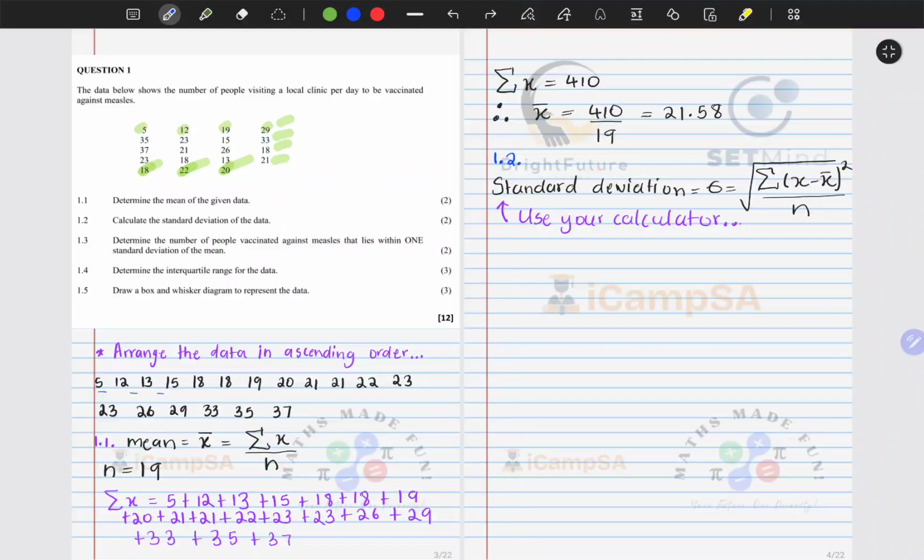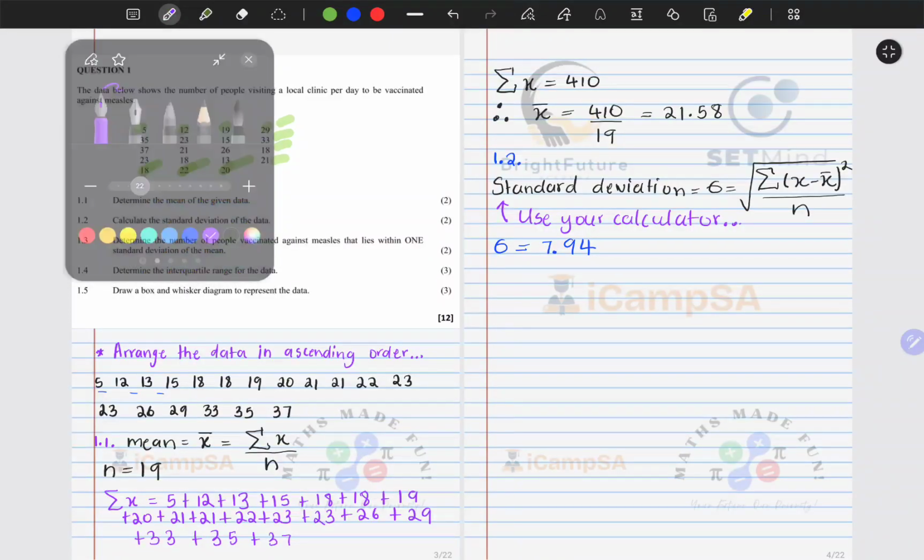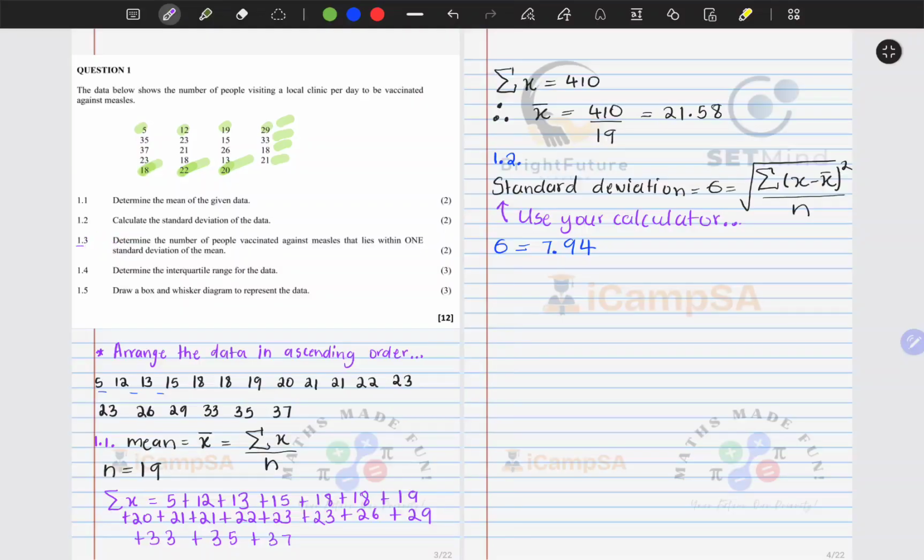Look at the marks allocation, they're not expecting you to go the long way. So when you go to your calculator, you will end up finding that your standard deviation is simply 7.94. Then let's look at the next question, 1.3.